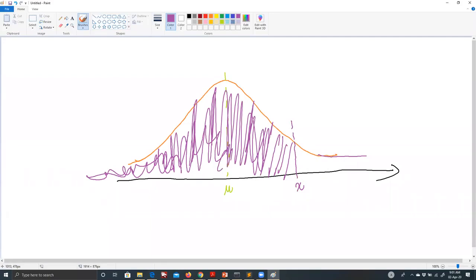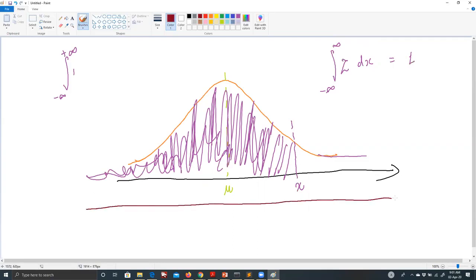So if I integrate the whole z distribution, what would I get? You integrate a normal distribution from negative infinity till positive infinity, what do you get? 1. Very good. So the whole thing will be mentioned as 1.